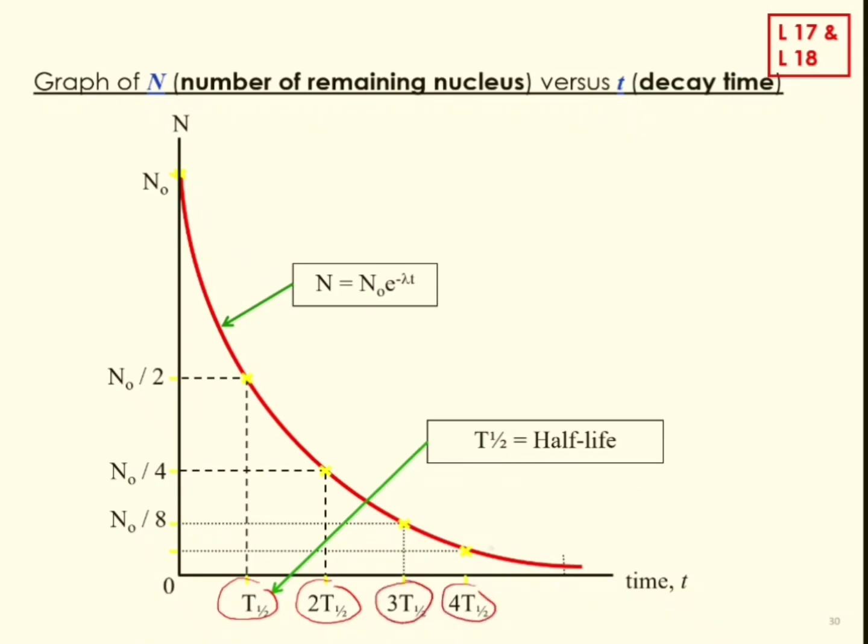The red curve line here represents N, the number of nuclei remaining, so N equal to N naught exponent negative lambda t. Let's say our N here is 100. Half of 100 is 50. Half of 50 is 25. Half of 25 is 12.5, and so on until N becomes 0.